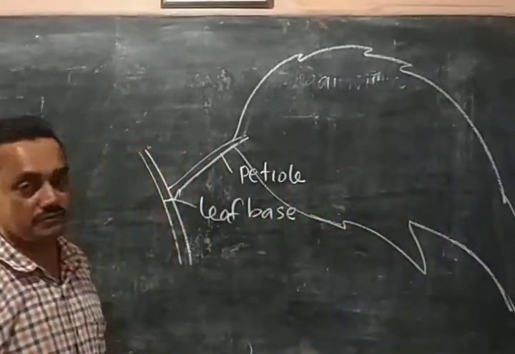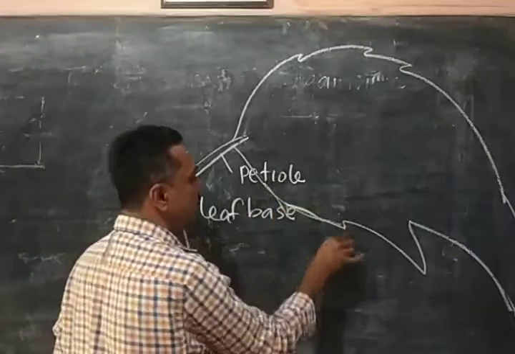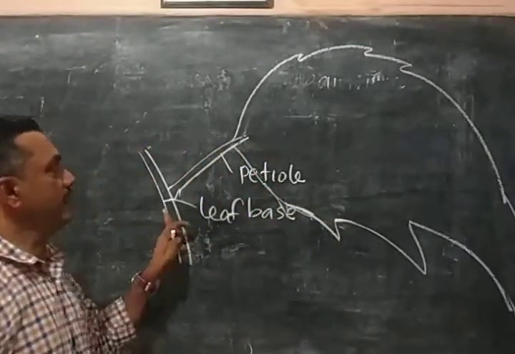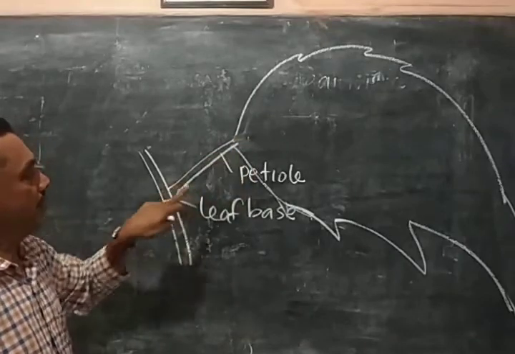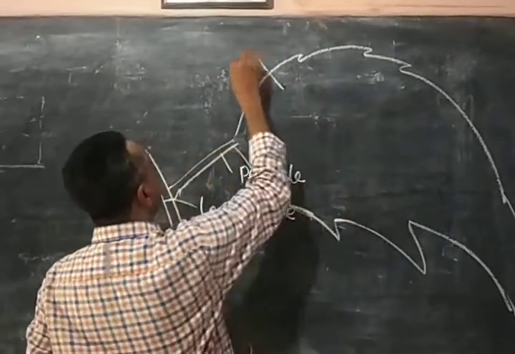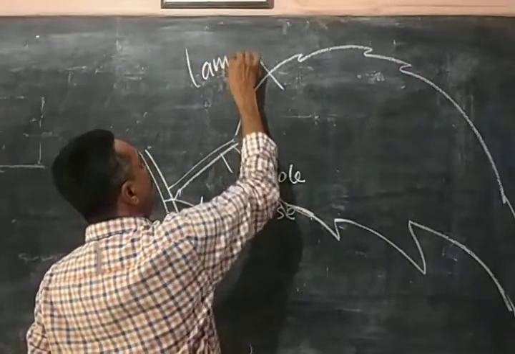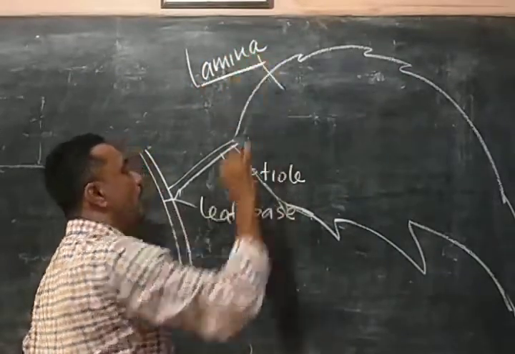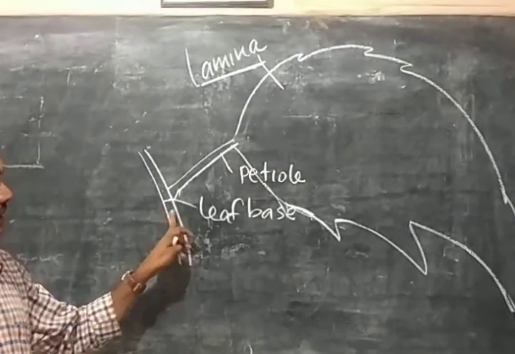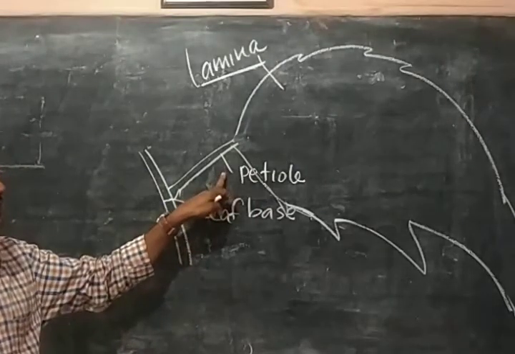A typical leaf consists of three parts: a leaf base, a petiole, and this green expanded part, called the lamina or blade. Three parts are there. Leaf base, stalk of the leaf is called petiole.